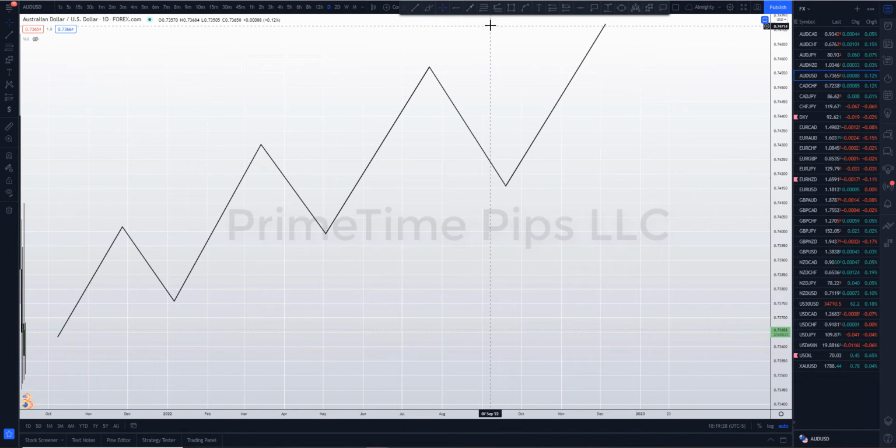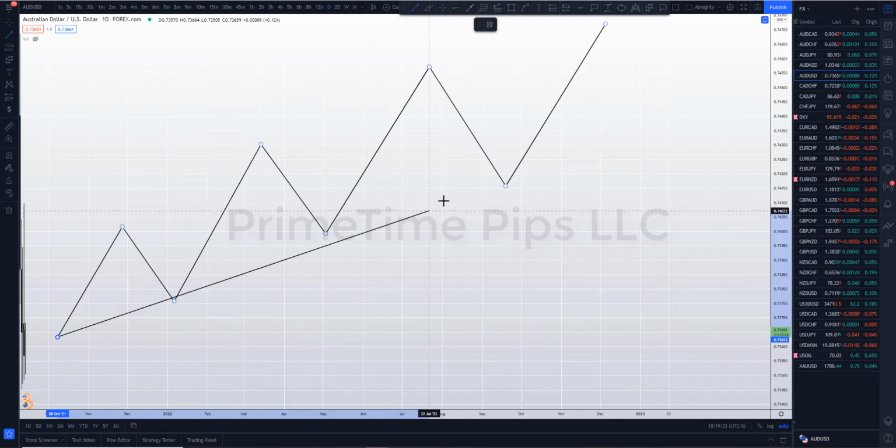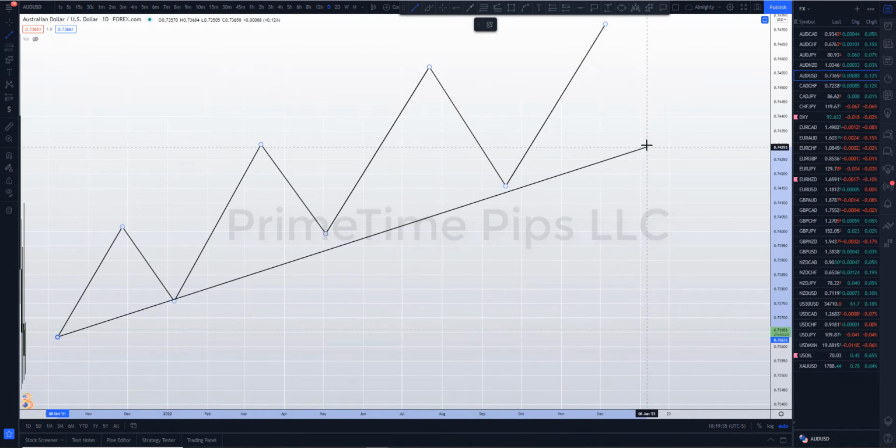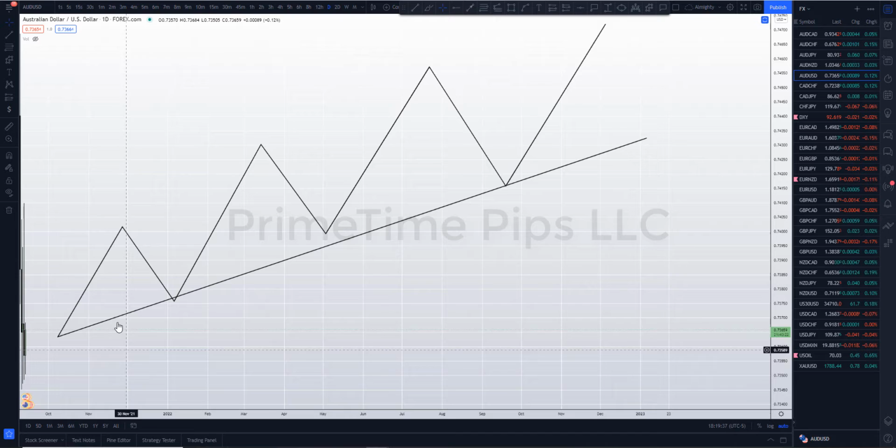Let's say the daily we know is inside of an uptrend, right? We're like, okay, this is at least going up multiple times. It's respecting this trend line inside of a range, right? Because as price is going up and going away from the last area, every time it comes back down, it's coming back into the previous range.